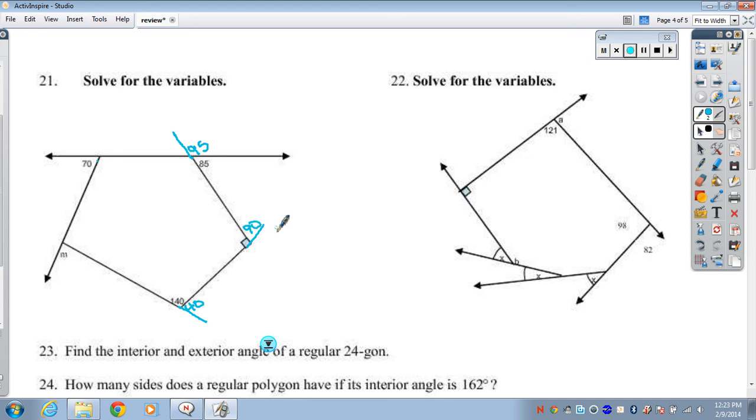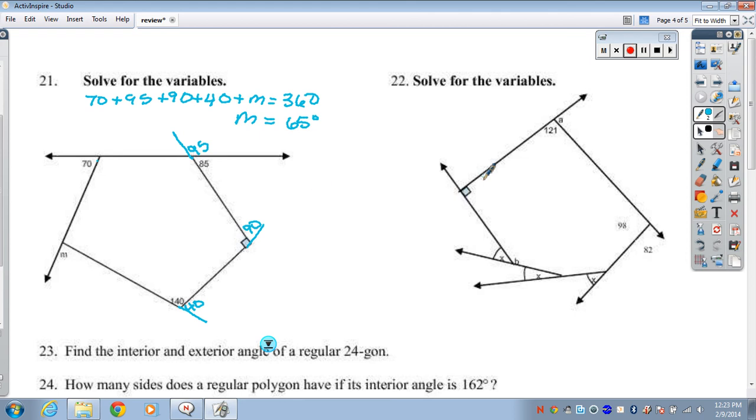The sum of the exterior angles of a polygon is 360. So we've got 70 plus 95 plus 90 plus 40 plus m equals 360. M equals 65 degrees.